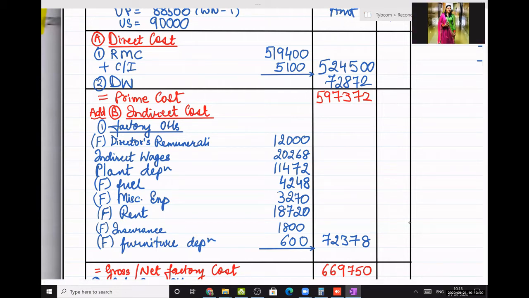Take it to gross factory cost. There is no opening closing WIP, so you can directly write net factory cost, and it is the same.